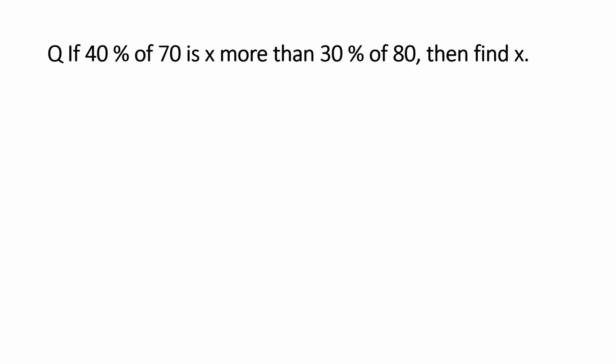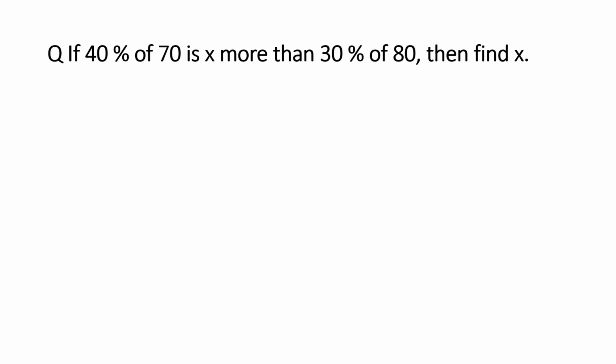The next question: if 40% of 70 is x more than 30% of 80, find x. What is given to us? 40% of 70 is x more than 30% of 80. Here x is any number.